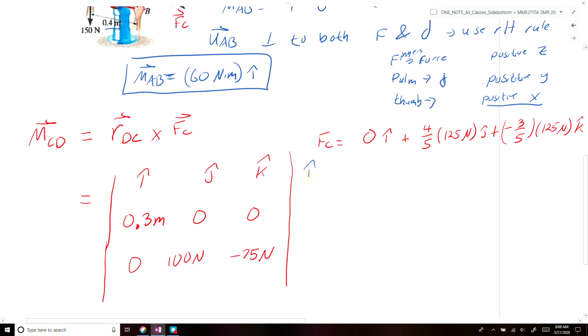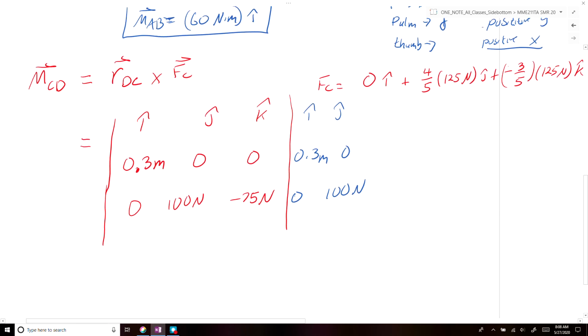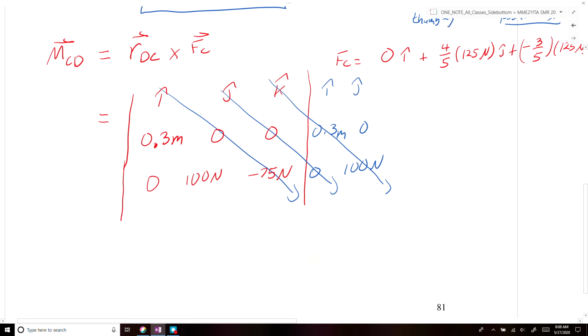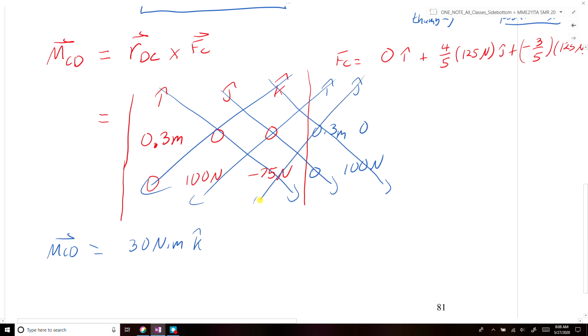To evaluate this determinant, we can copy the first two columns of our matrix here, and then evaluate it. What we'll end up getting is MCD is going to be equal to 30 newton meters k, minus negative 22.5 newtons j.